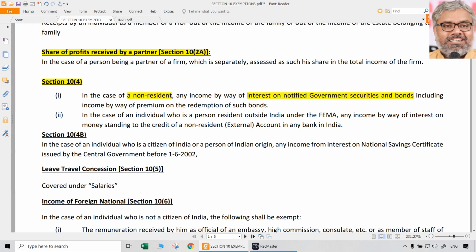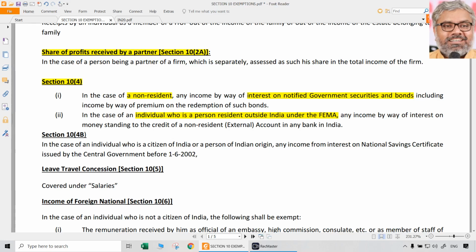And another important point, this can be one of the points in any question. In case of an individual who is a person resident outside India under FEMA, the Foreign Exchange Management Act, for our purposes, we can call him a non-resident.